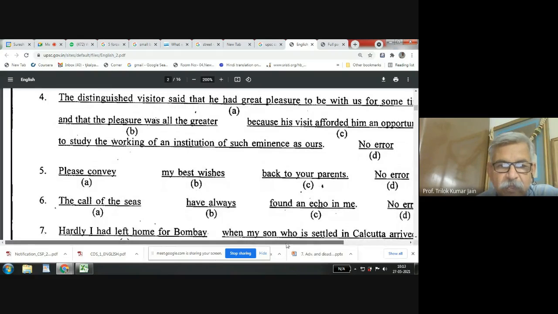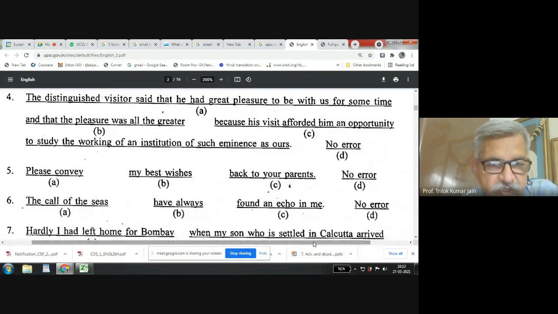Next sentence. The distinguished visitor said that he had great pleasure to be with us for some time, and that the pleasure was all the greater because his visit afforded him an opportunity to study the working of an institution of such eminence as ours.